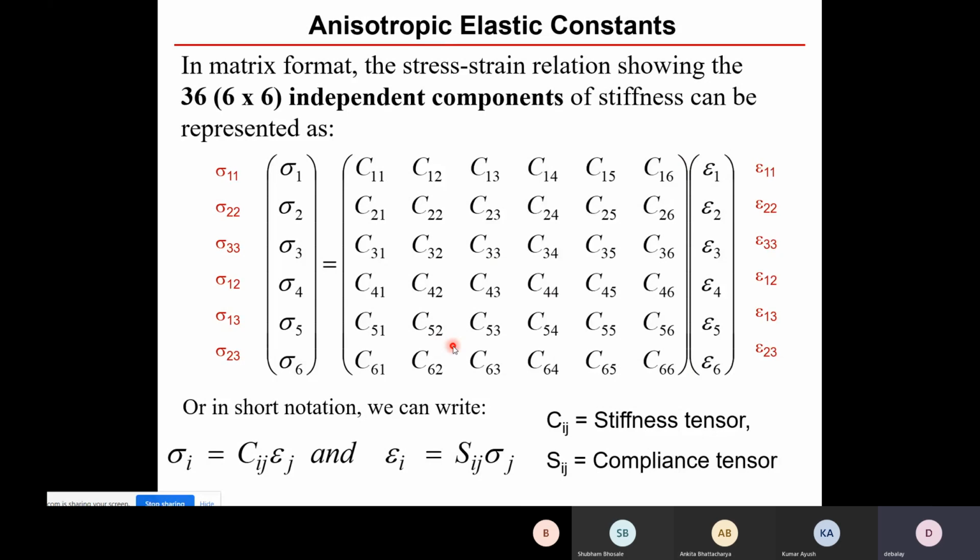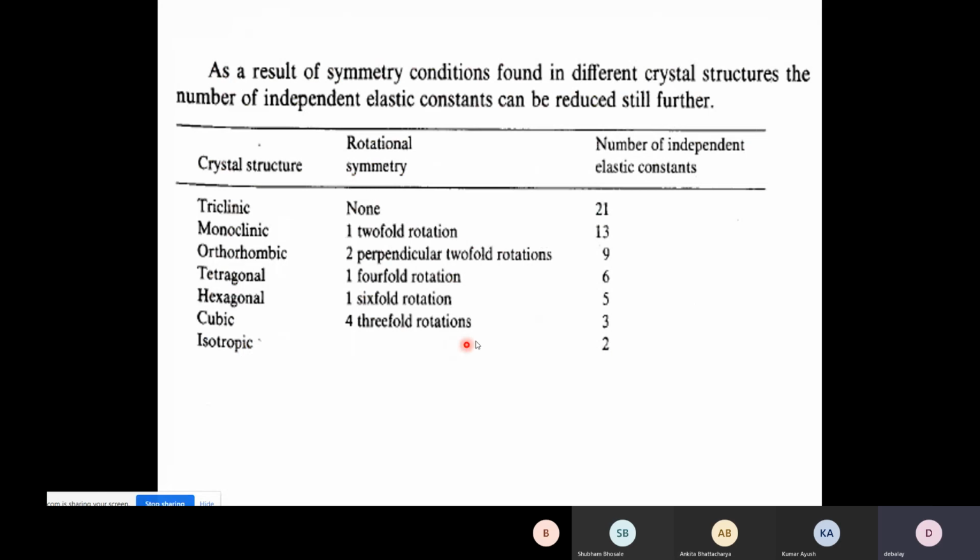Real materials are never perfectly isotropic. The closest to isotropic condition is cubic. So you see the number of independent elastic constants you need to know: triclinic 21, monoclinic 13, orthorhombic 9, tetragonal 6, hexagonal 5, cubic 3, and isotropic, which is ideal, 2.